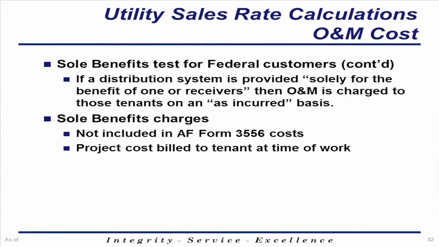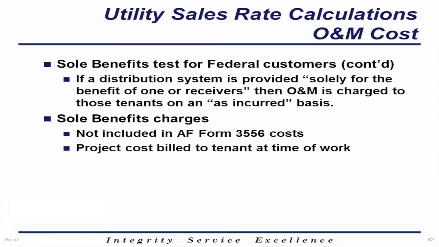We're going to talk about that more in the next slide. The sole benefit test for federal customers means this: if the distribution system is provided solely for the benefit of one or more receivers, then any O&M that is done to that system is charged to those tenants on an as incurred basis.